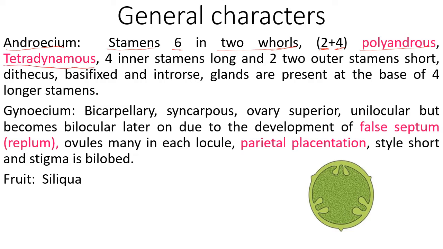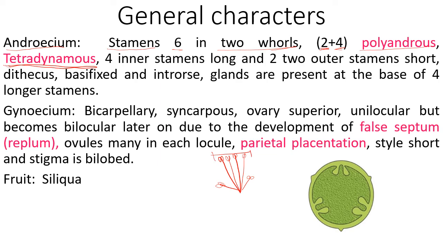This condition is tetradynamous, where 4 filaments are longer and 2 filaments are shorter. Shorter are on the outer side and longer are on the inner side, and these 4 are longer in size.